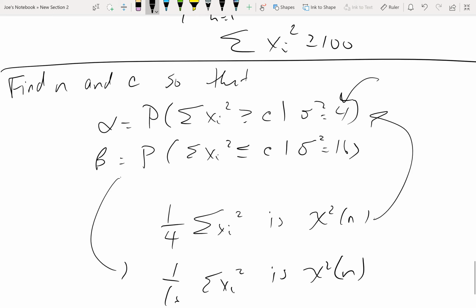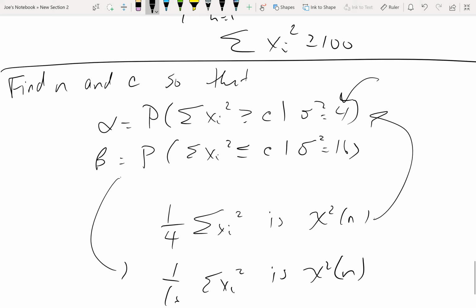Now you could do this in this particular problem where we found n was 15, and we already know what the value for c is. It's 100, right? So if we kicked over to Excel, you could find the probability associated with 100 over 16 on 15 degrees of freedom, because we already know what the c value is.